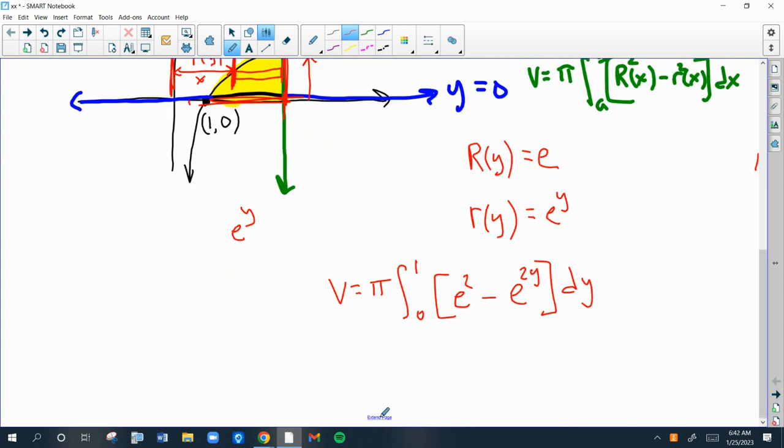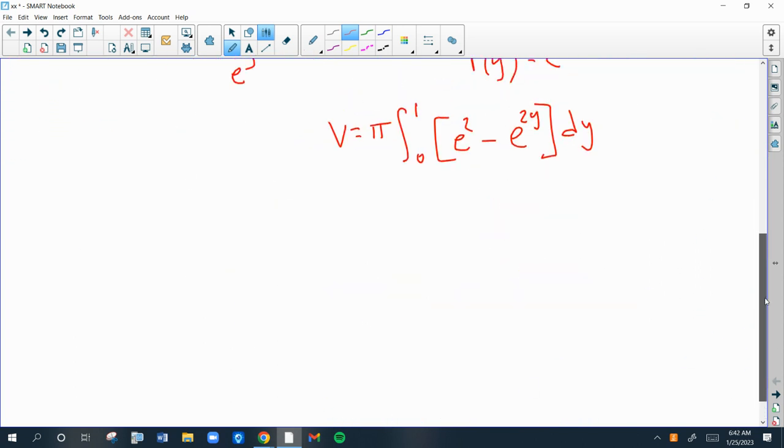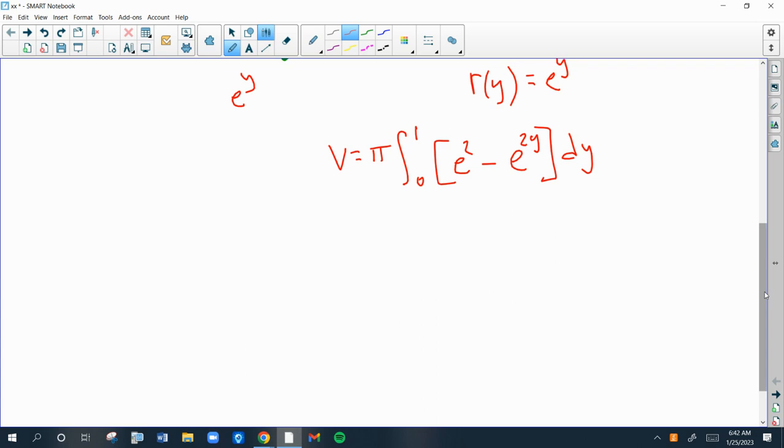Now, the difference between this and the last problem is this does not require integration by parts. This is an easy integration that you could do before you've learned any of that. So let's do it. The integral of e squared with respect to y: e is a constant, so it's e squared y, just like if it was 5, it would be 5y. The integral of e to the 2y is 1/2 e to the 2y.